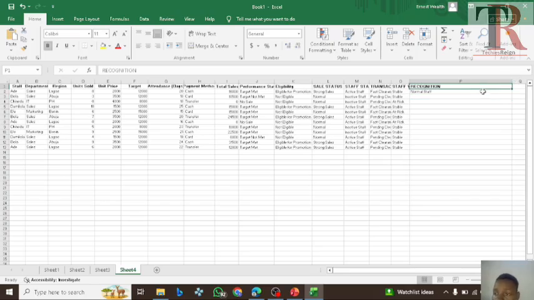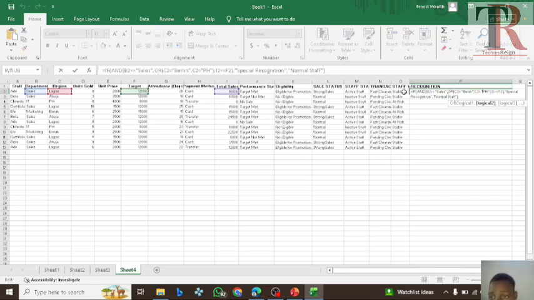Now let's break it down. This is the symbol for not equals to. We normally use equals to, but for not equals to, we use this. This is telling Excel that it's not equals to.